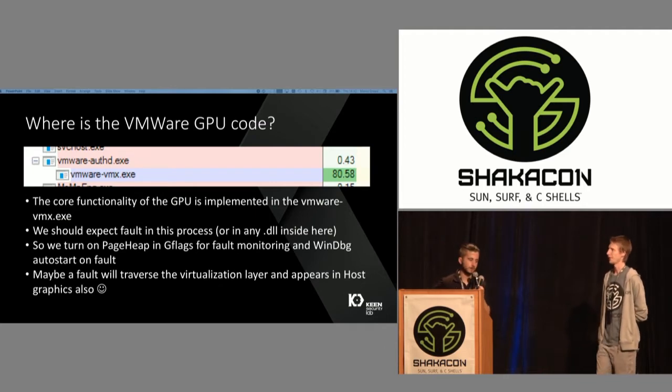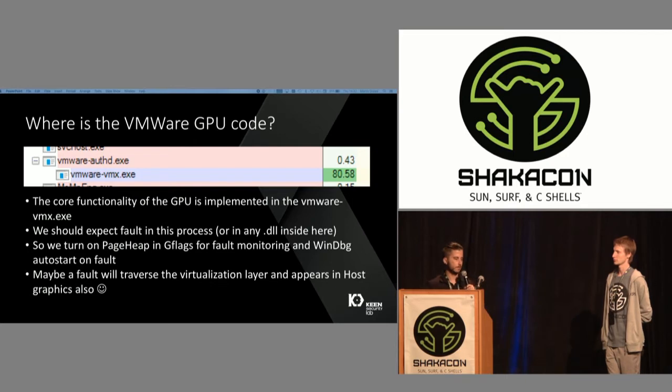So we are communicating with the GPU, but it's not very clear where this GPU emulation code resides. And actually this GPU emulation code is in the host user space. There is this VMware VMX process, which is also quite privileged, that runs outside of the VM, that will process these commands, and it will write the response back or maybe draw the screen.